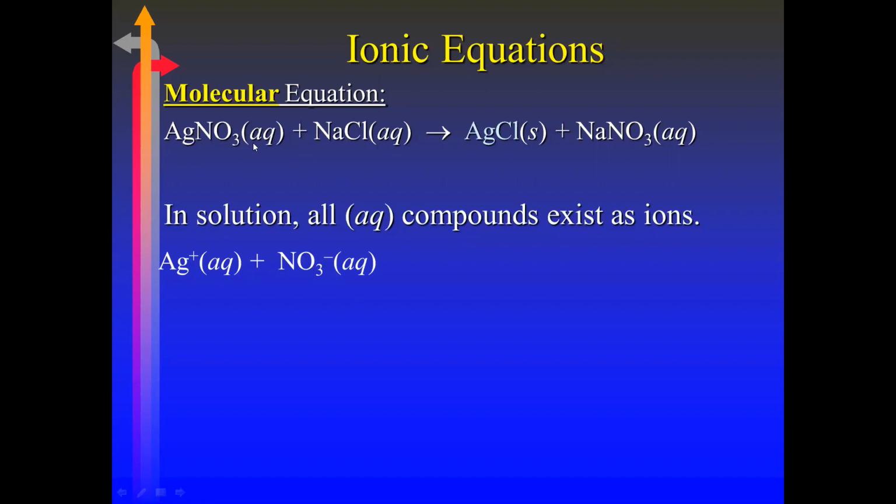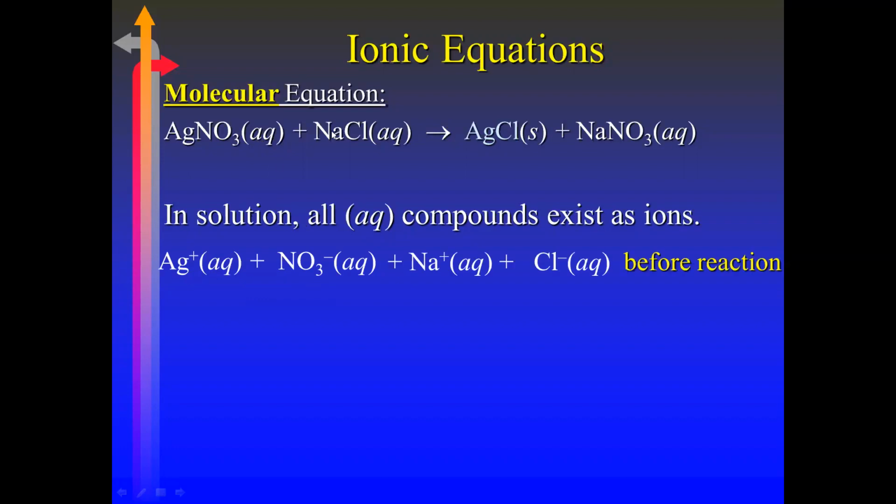As long as you see (aq) after the compound, that state symbol tells us this compound is soluble in water. If it's soluble, it will form ions, or we say dissociate into ions. This is why we can rewrite this one into this ionic form.